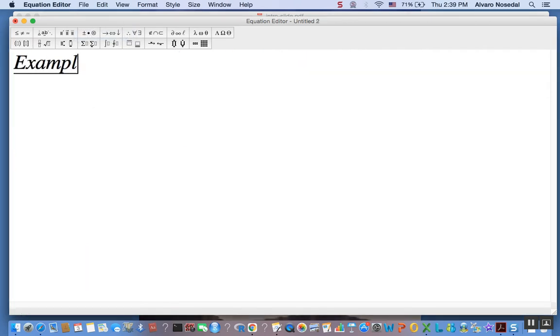So, example. Suppose that we have a random sample of 4 observations from a normal distribution.